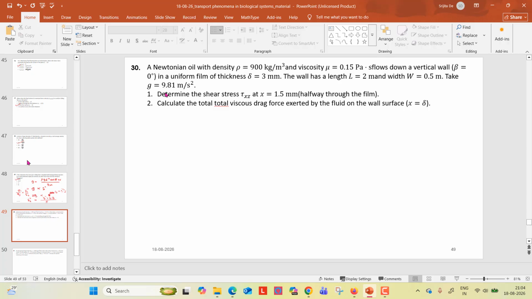So shear stress at x is tau xz equals rho g x cos beta. Here beta is 0, cos 0 is 1. So rho is given, 900 into 9.81 into x, 1.5 into cos 0.